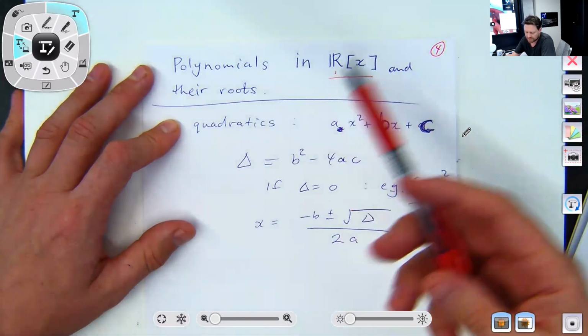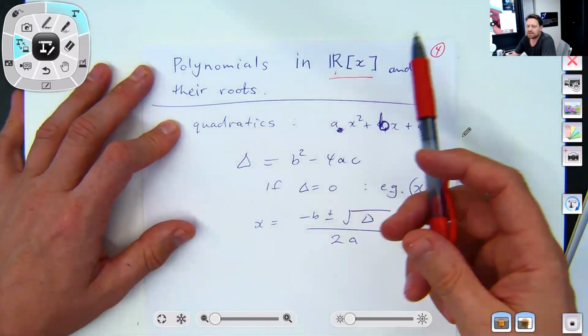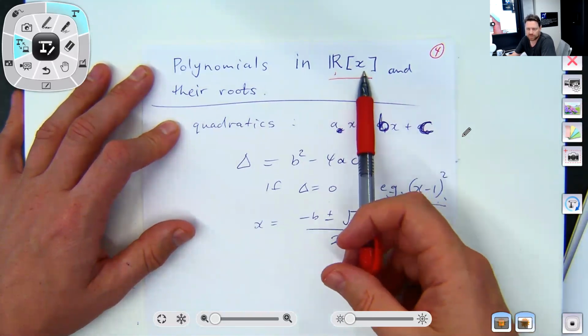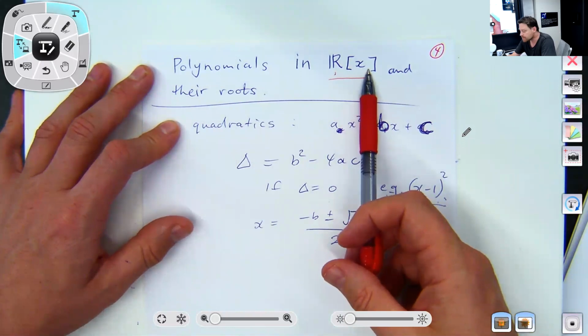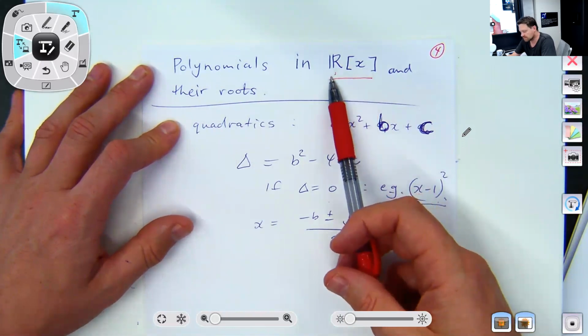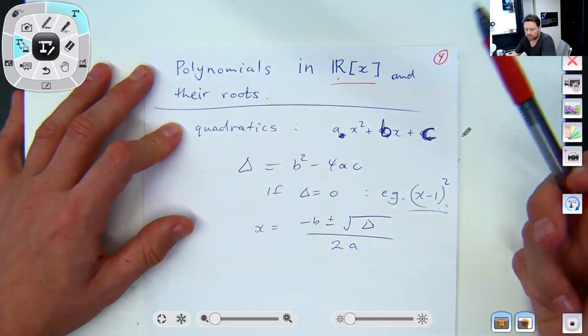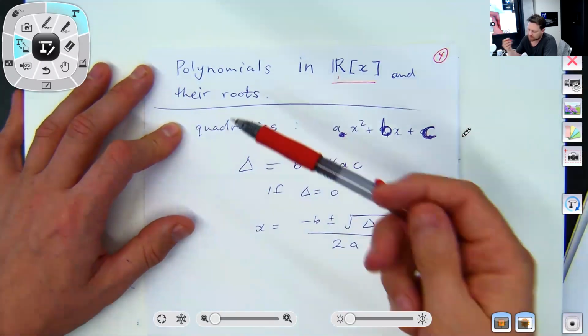And so that's how you get the elements of this set. So the variable is X in this case, but of course you could put T or some other letter. And so this is the set of polynomials with real coefficients, but we're going to talk about these and their roots.